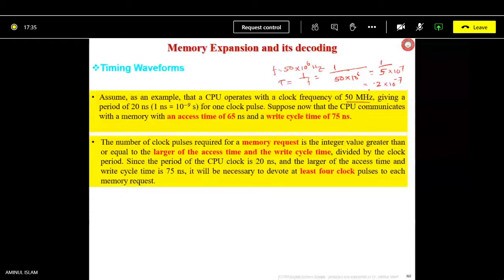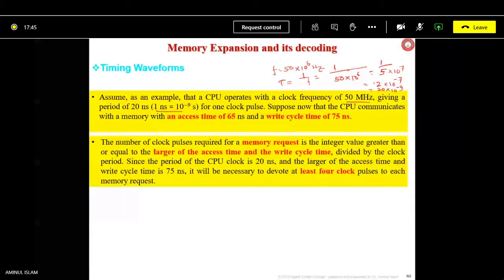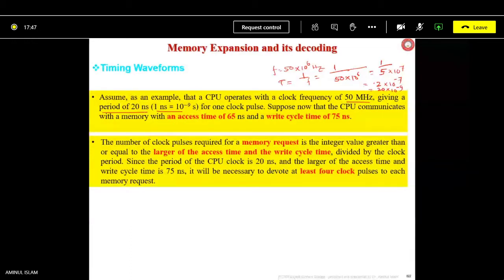Multiplying by 100, it is 10 to the power minus 9 scale, so the period is 20 nanoseconds, where 1 nanosecond is 10 to the power minus 9 second. Is it okay for this example CPU?